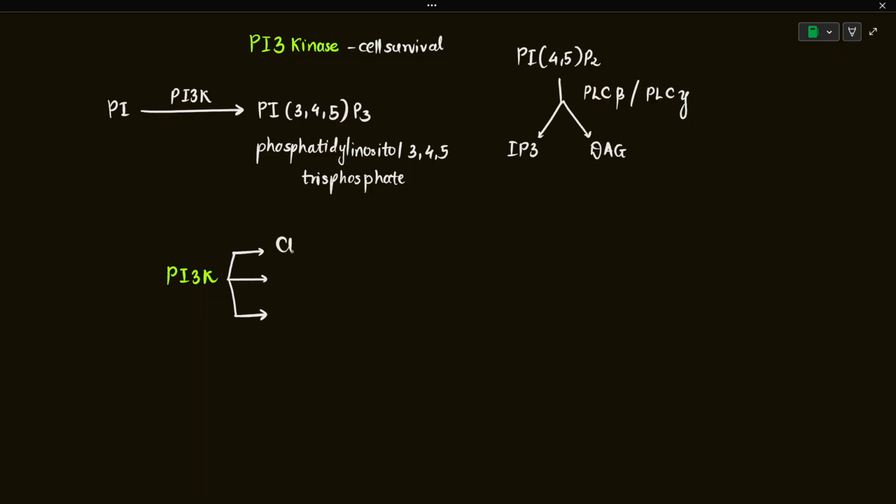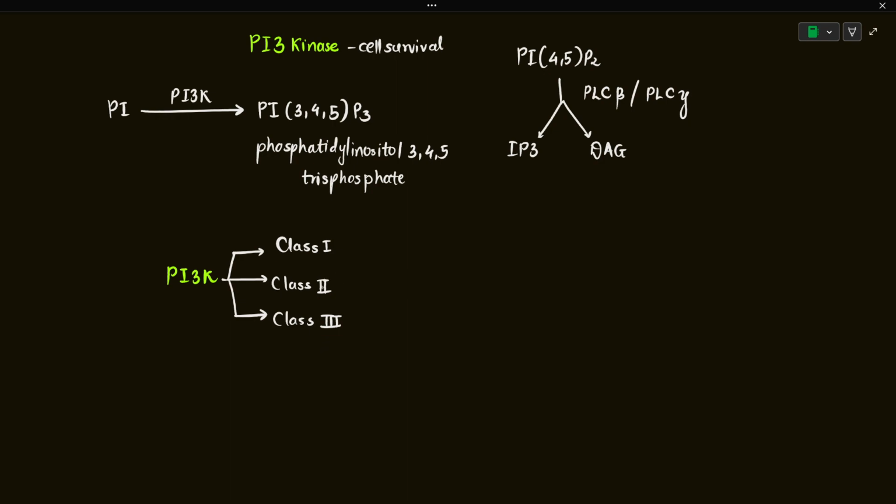effects. The first category is referred to as class 1, the second category is class 2, and the third category is obviously class 3. So these are three different categories of PI3 kinase, and all of those different types of PI3 kinase are going to do different jobs.